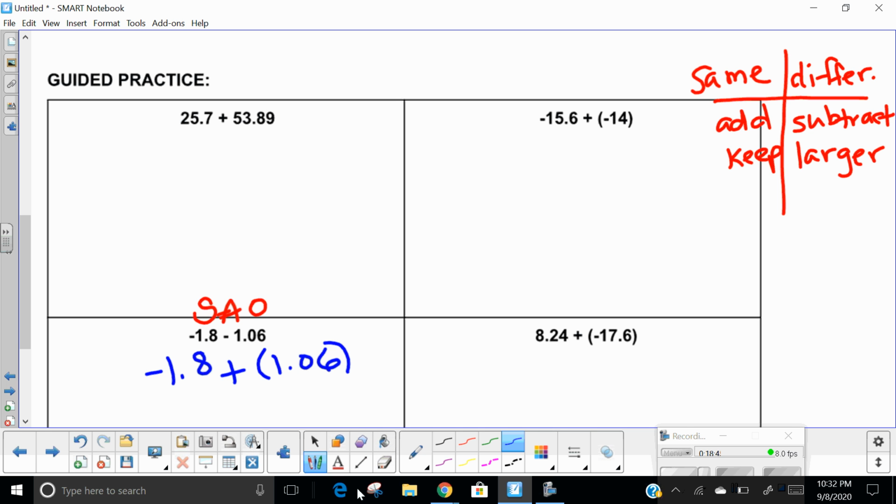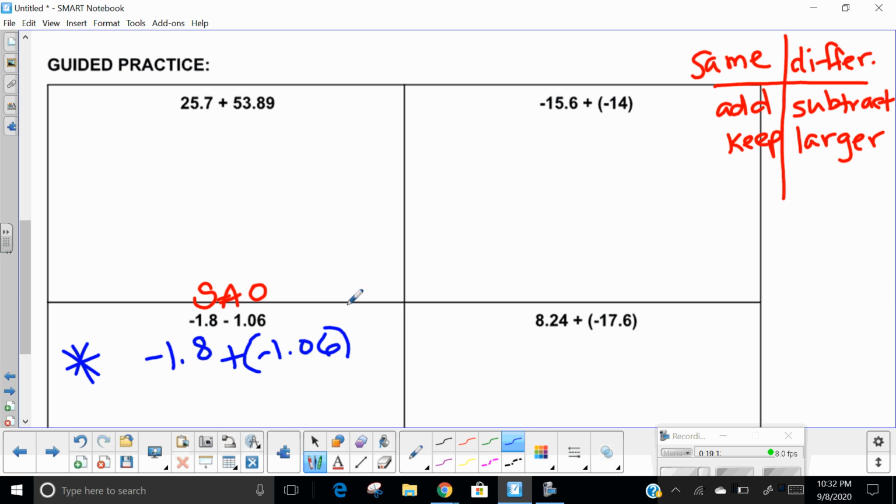Let's see if I can do it real quick. So this has to be negative 1.06. And we're adding them together. Now I can forget about this. I want to look at this new rewritten problem.